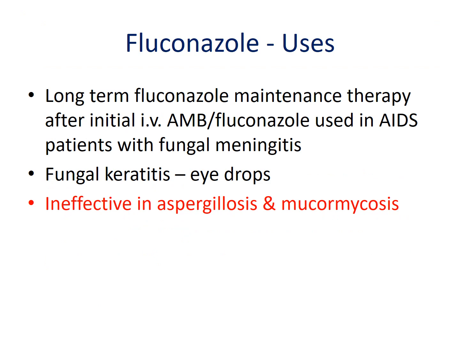The other uses include long-term maintenance therapy after initial IV amphotericin B, or fluconazole used in AIDS patients with fungal meningitis, who will require long-term maintenance therapy. Again, fungal keratitis, for which eye drops of fluconazole are used. It is ineffective in aspergillosis and mucormycosis. These are two systemic conditions where fluconazole is ineffective.